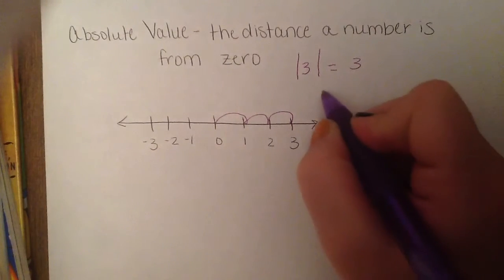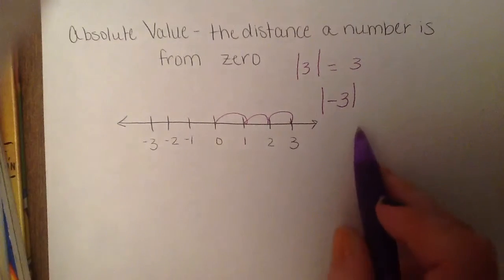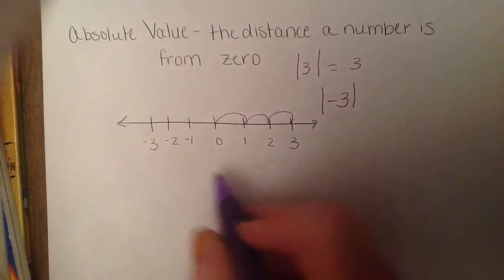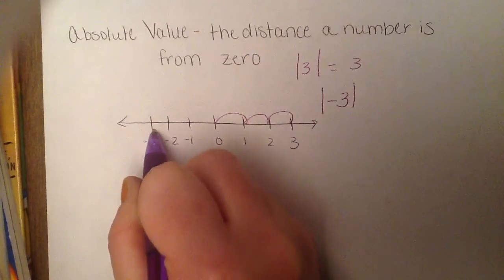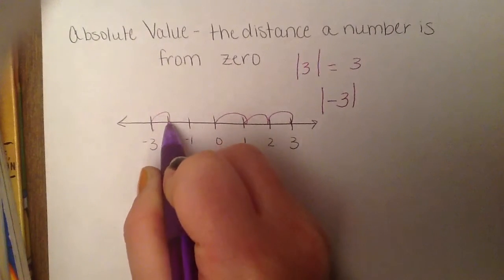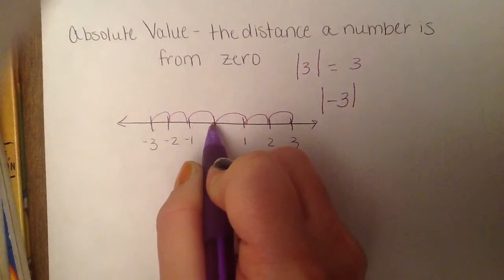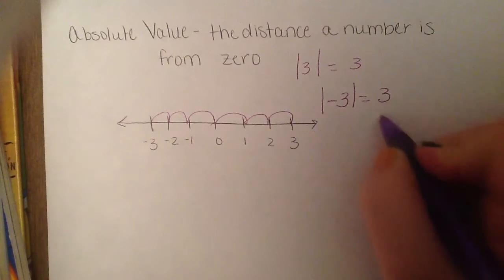What if we said find the absolute value of negative 3? This means how many spaces is negative 3 from 0? So let's find negative 3. How many spaces is it from 0? 1, 2, 3. So negative 3 is 3 spaces from 0.